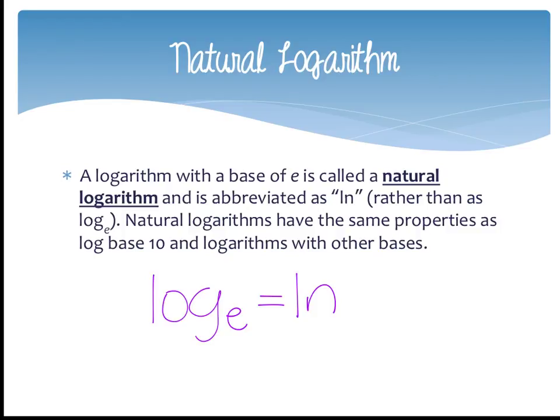They mean the same thing. So if you look back on your graphing calculator, ln is the actual button, and e is the button above it, okay? But they kind of pair together. So all this means is if I were to find the log of base e, I can use the ln button, or I can find the log and change the base to e, and it's the same thing. One is interchangeable with the other.